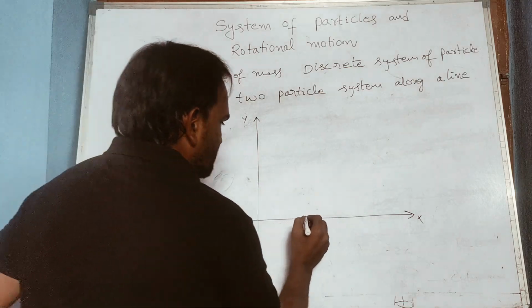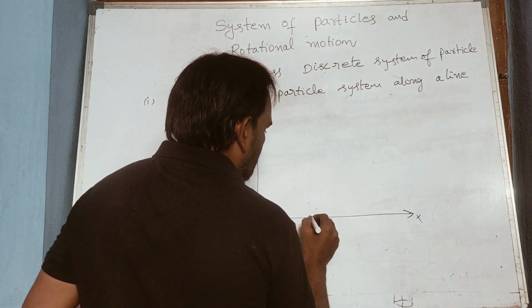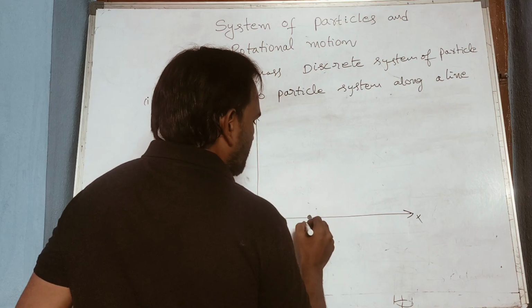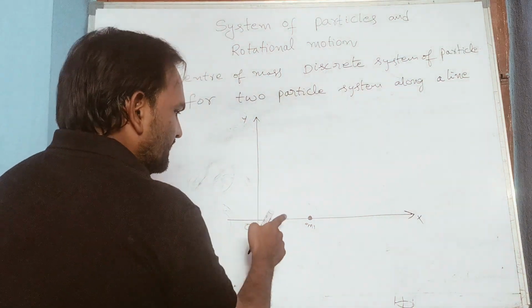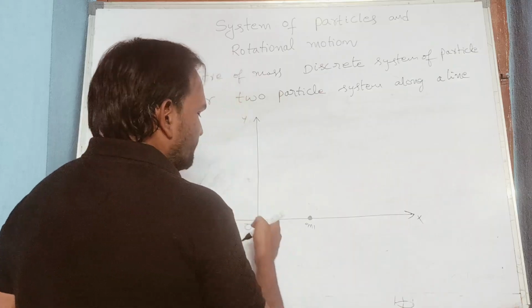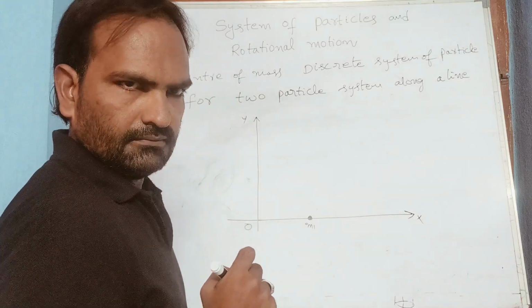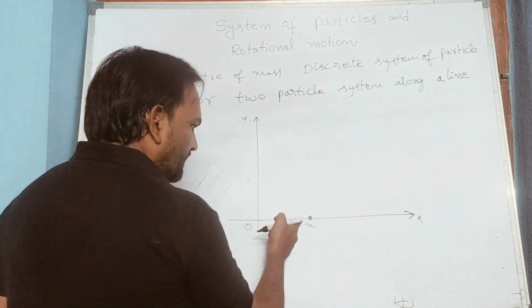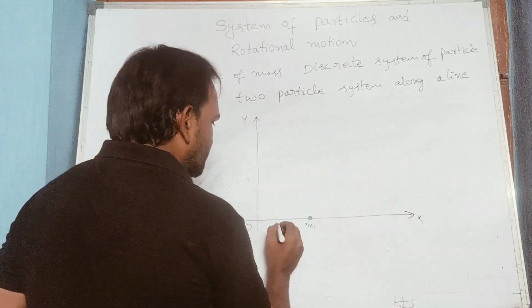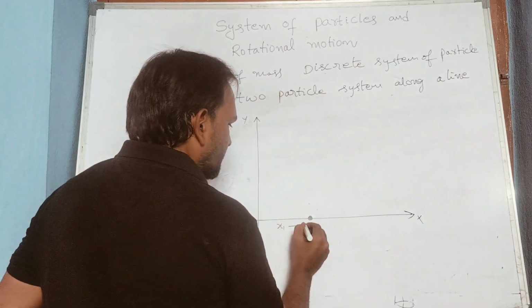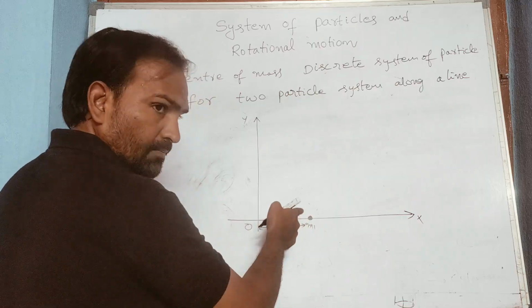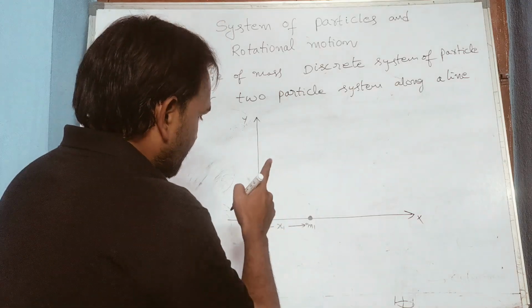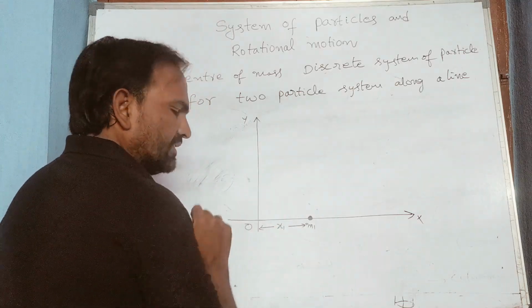This is one particle of mass m1. This particle m1 is at distance x1 from this origin.